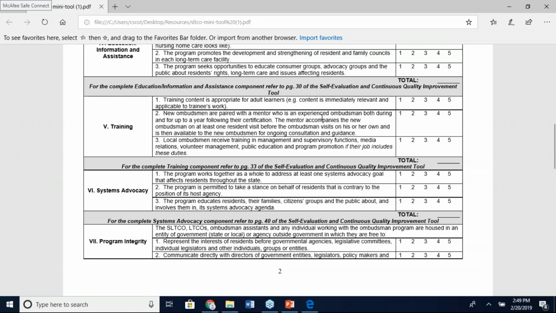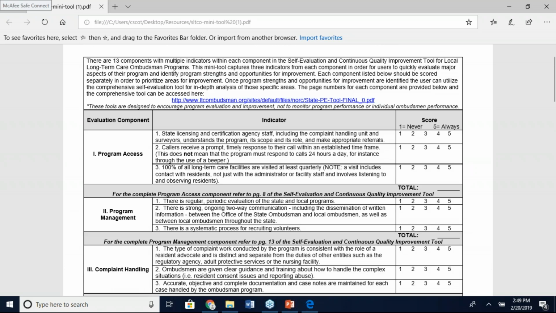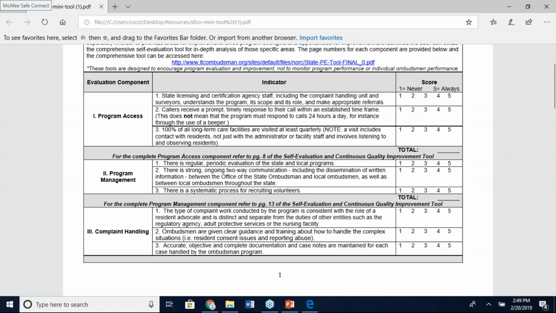No, I'm sorry, page 1. Program management. When I look at that area, in some ways I do well on items 1, 2, and 3. But in item 3, I actually see some real weaknesses for my state.